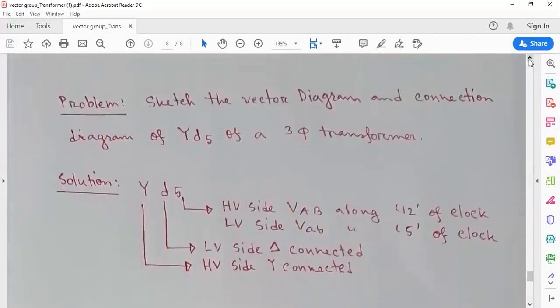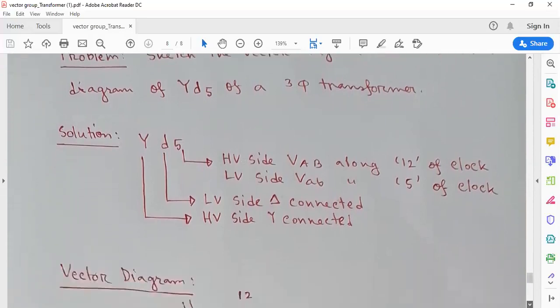Now I have given you another problem, which is to sketch the vector diagram and connection diagram of YD5 of a three-phase transformer. Here, Y means the high voltage side is Y connected, and the secondary or low voltage side is delta connected. The line to line voltage of Y is in the reference direction, which is 12 of the clock, and the line to line voltage of D is in the 5 direction, like 5 of the clock.